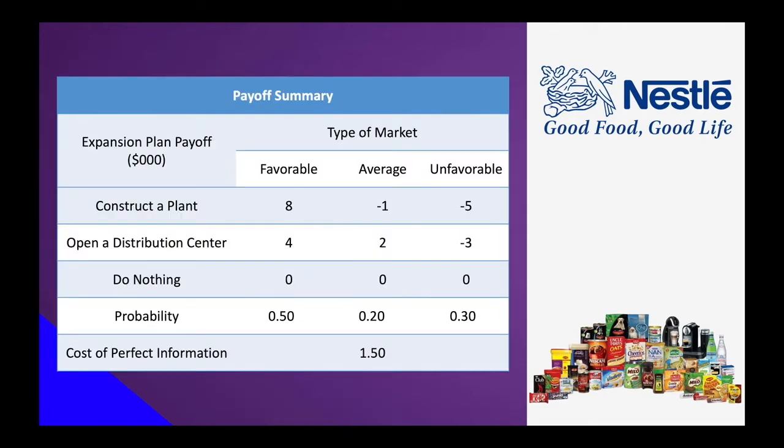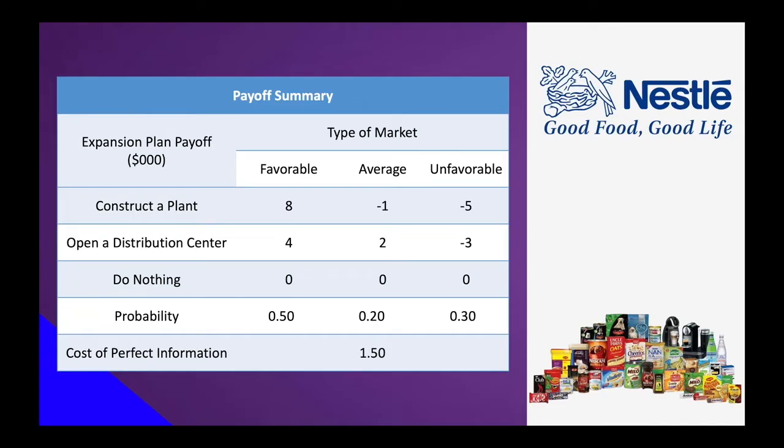Now, let's have here the payoff summary. So we have the different types of market: the favorable, the average market, and the unfavorable. They have the expansion plan payoff, all in $1,000. First expansion plan is to construct a plant. This is in connection with our previous problem. Second is to open a distribution center.